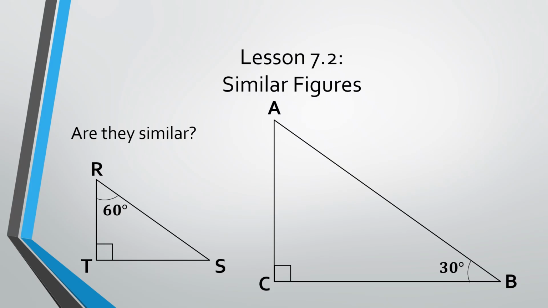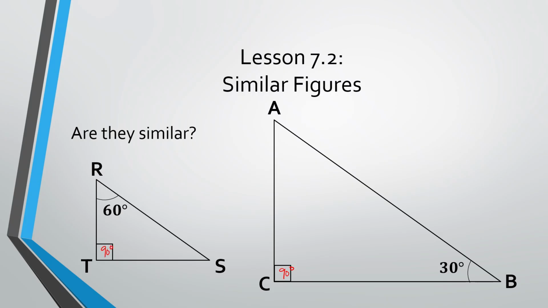One of them, corresponding sides should be proportional, and of course the angles should be congruent. The angles on these two triangles are congruent because this one is 90 degrees and this one here is 90 degrees.